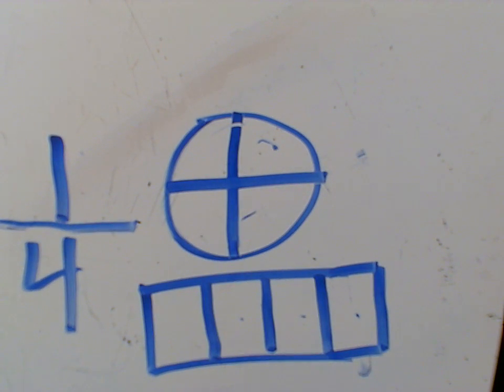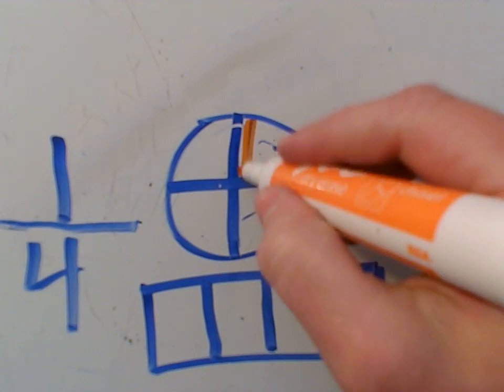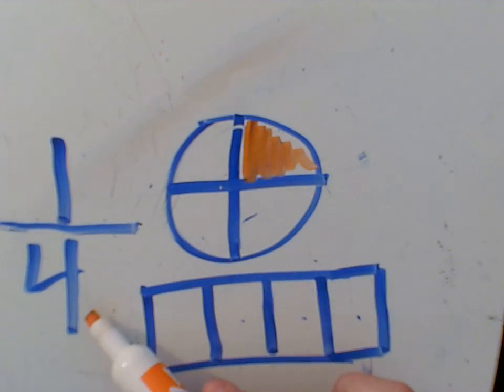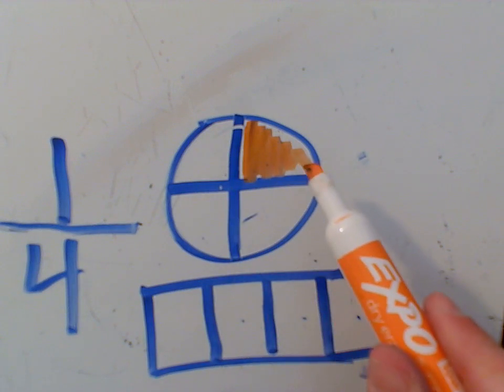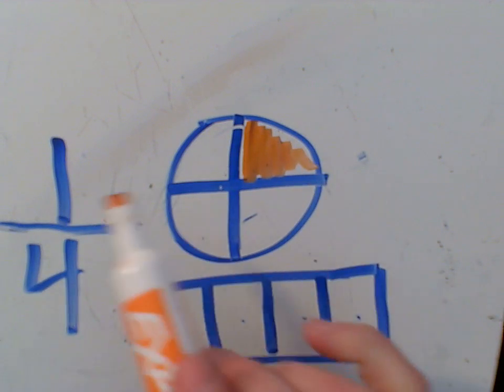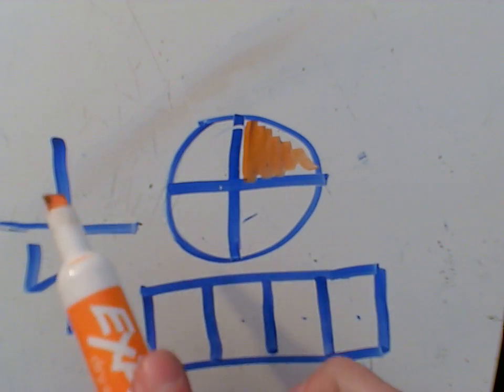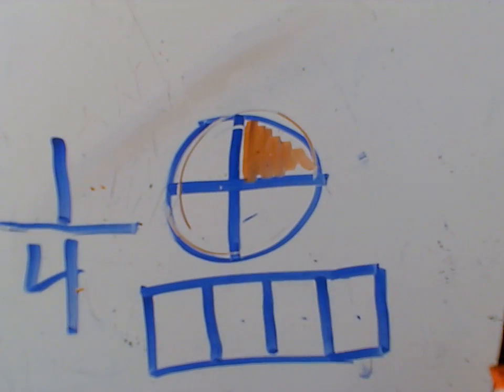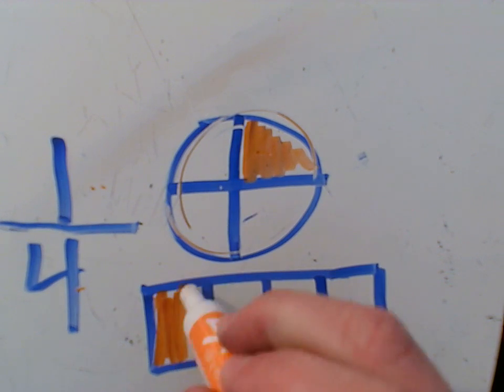What could I do in the circle to show 1/4? Right, I would shade in 1 part out of 4. So what is our fraction? 1/4, because 1 part is shaded out of 4 total. Here is another way to show 1/4.